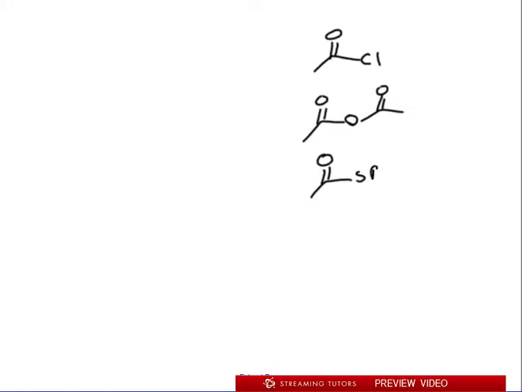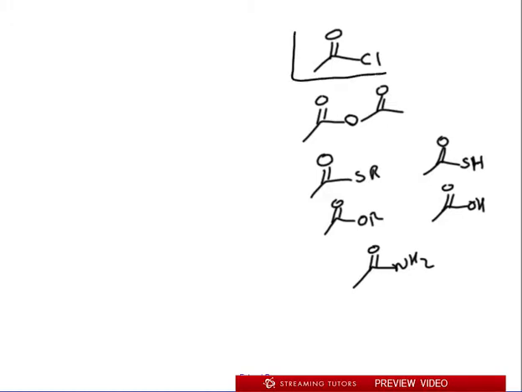So sulfur, the thioesters and the thioacid, your ester, carboxylic acid, and amides. What we note here is that the Cl, which is where we're at now, can become everything below it. Let's figure out how to do that.